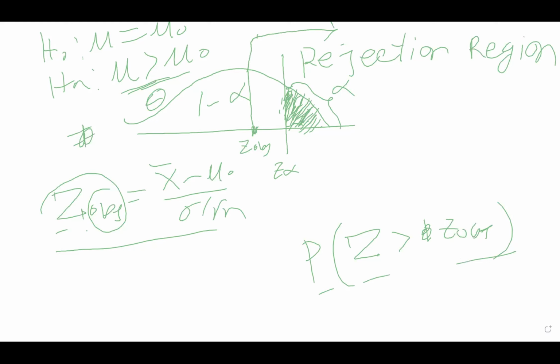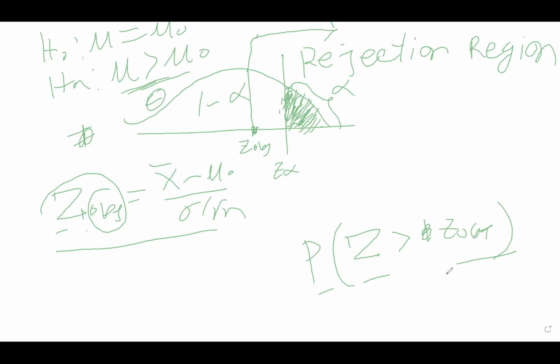Anyone? So can anyone tell me, what will be the probability of Z greater than Z observed? Is it less than alpha or greater than alpha?